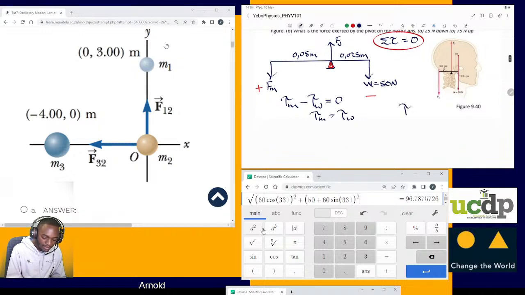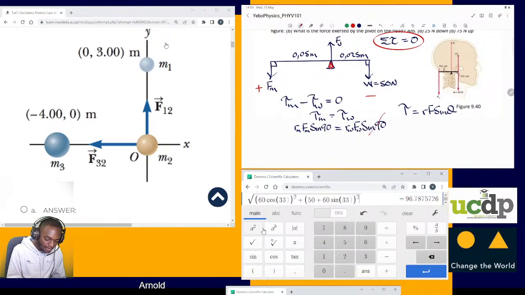And remember, this is equal to rF sine of theta. And let's look that our angles, they are all at 90 degrees. So this is going to be Rm Fm sine 90 equals Rweight Fweight sine 90.